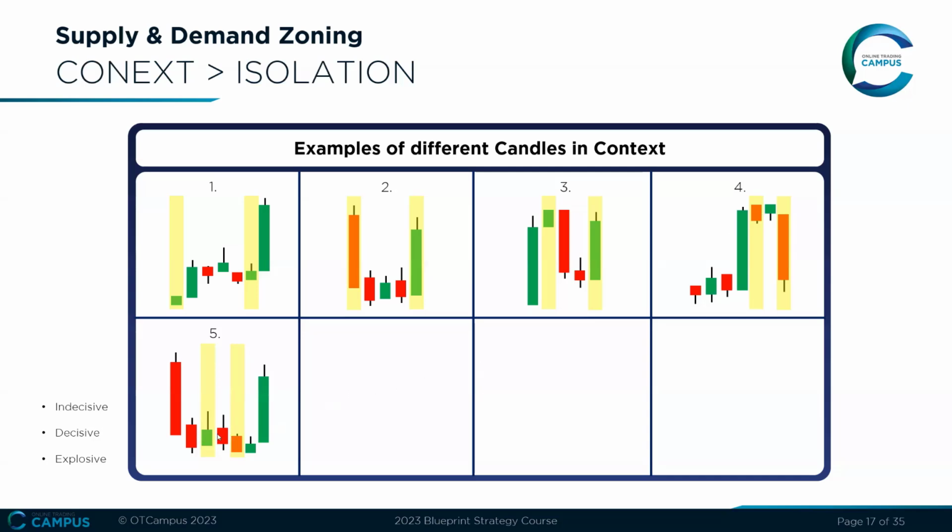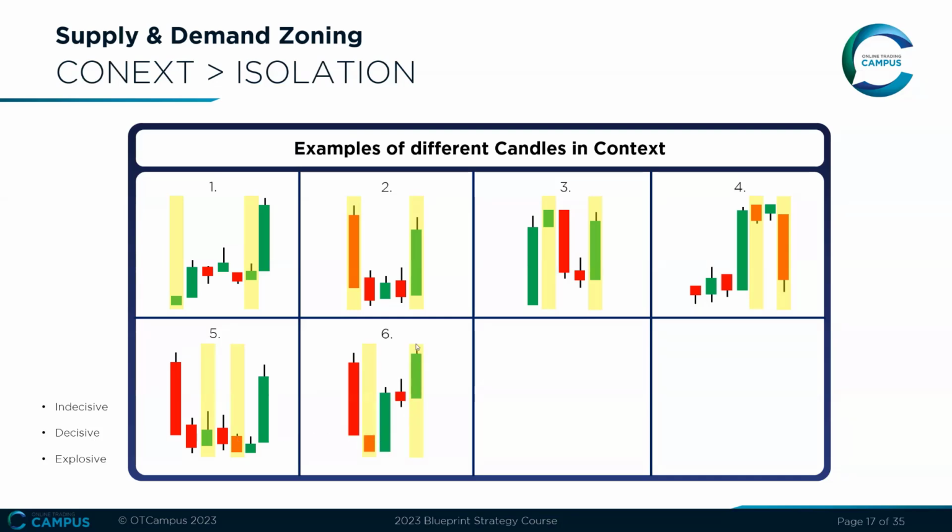In this case, both of those candles within the base would be indecisive candles. And again, this candle could be decisive if you look at it scientifically, in isolation. But if you look at it in the context of where it is and how big or small it is, how far apart or how close the open is versus the close.